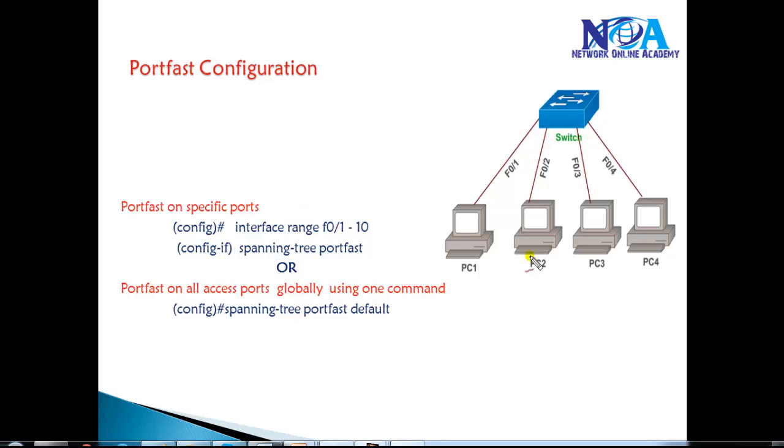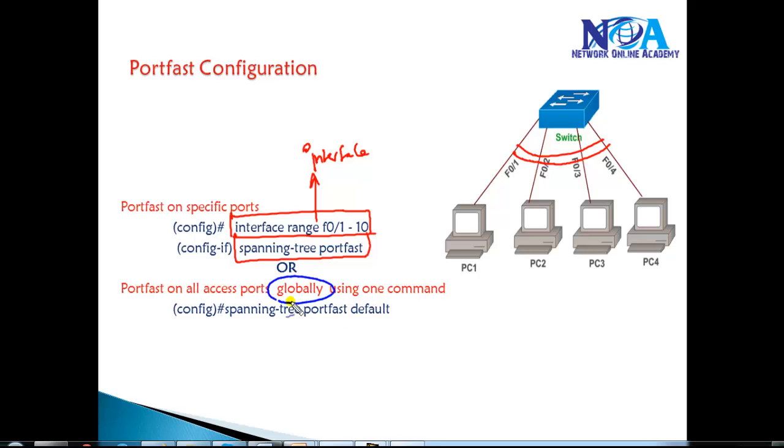To enable portfast, we can go to the specific interface, or use a range command if we want to enable it on multiple ports, with the command spanning-tree portfast on the interface. Or we can enable it globally, using the command spanning-tree portfast default.